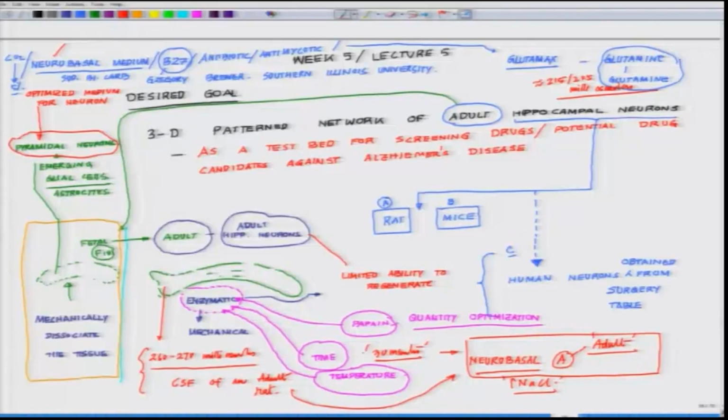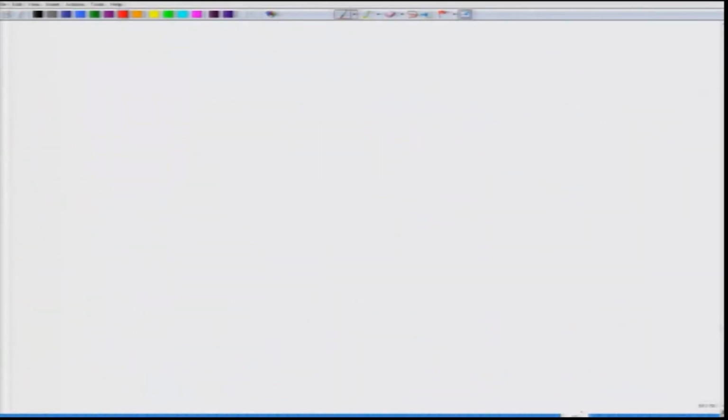Now, at 30 minutes, we have dissociated all the cells of hippocampus, and this composition consists of your adult hippocampal dissociated cells.